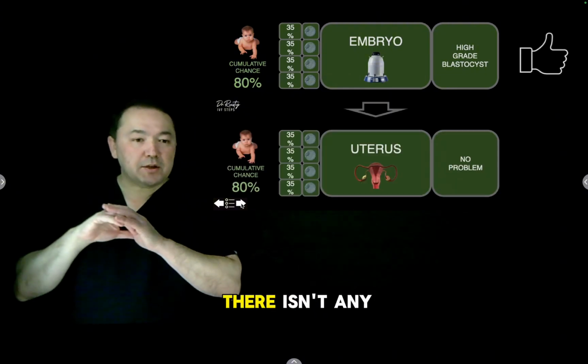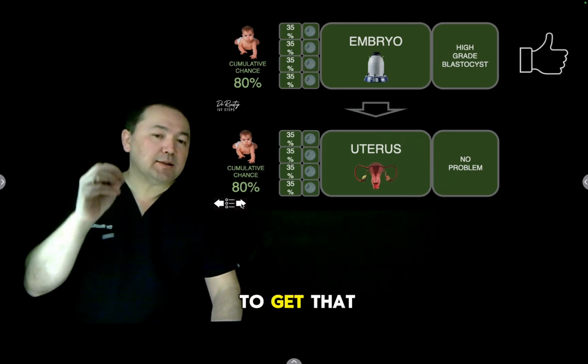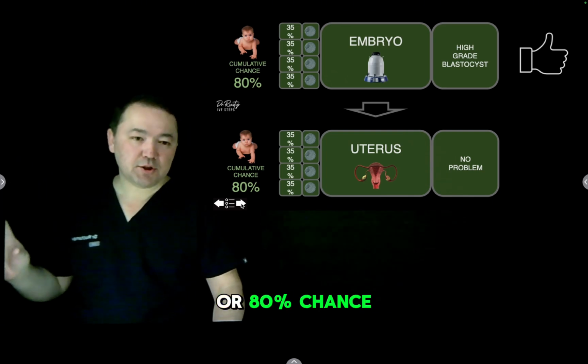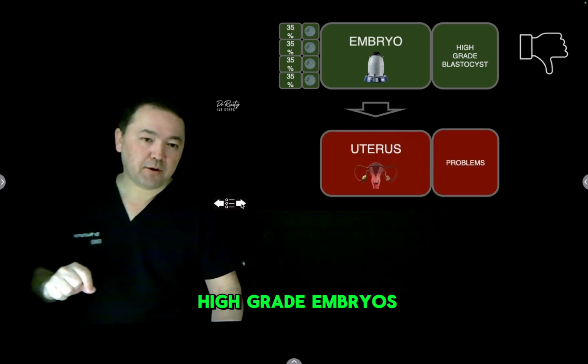So if there isn't any uterine problem, then when you transfer, you're likely to get the outcome you expected, 1 in 3 for each embryo, or an 80% chance of having at least one child using these 4 high-grade embryos.